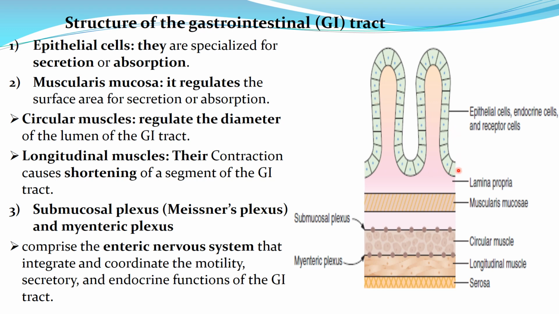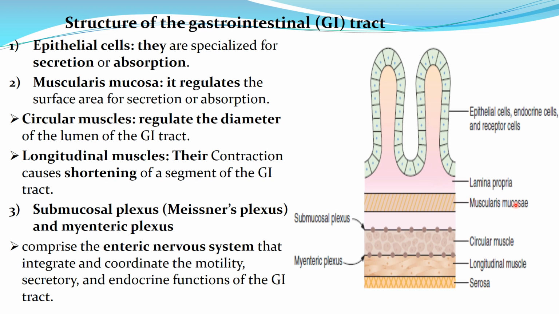Then we have the lamina propria. It is made of a type of connective tissue, and the blood vessels are mainly located in this part of the GI tract.